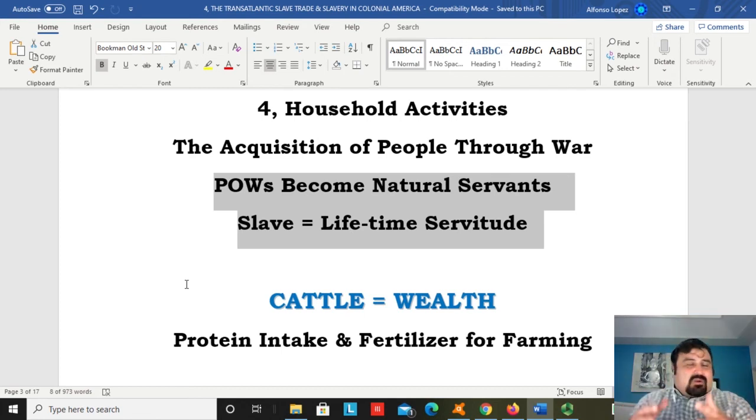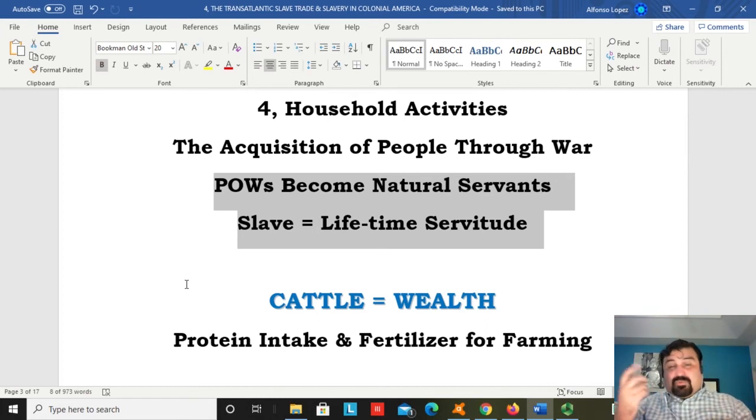You're going to be given maybe some land so you can grow your own food. And you can marry inside of this community and have your own offspring, but your offspring is not going to inherit your status of servant. That is to say, it's only you that is going to be serving the community for your entire lifetime. But again, you can integrate, by having land to work on your own.